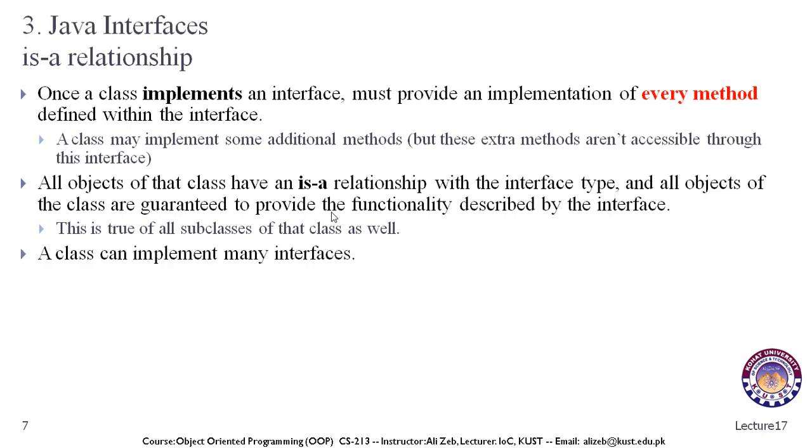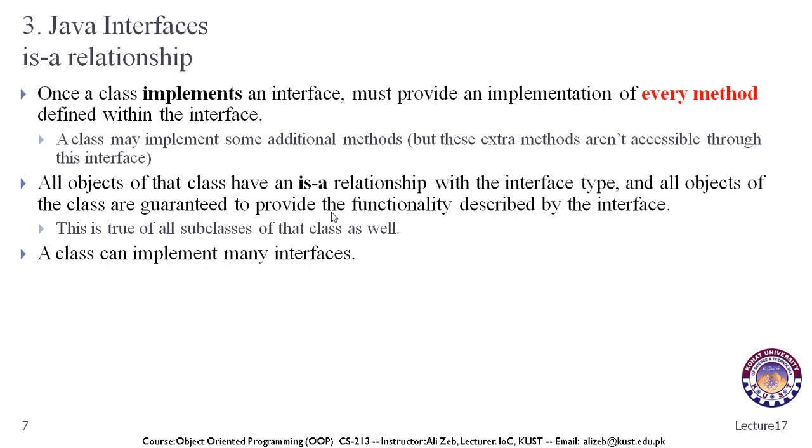A class can implement many interfaces. Now this is where it is different from inheritance. In inheritance we said that we cannot inherit from multiple classes. Java allows single inheritance. Other languages, for example C++, allow us to inherit from multiple classes, but in Java we can only inherit from one class.